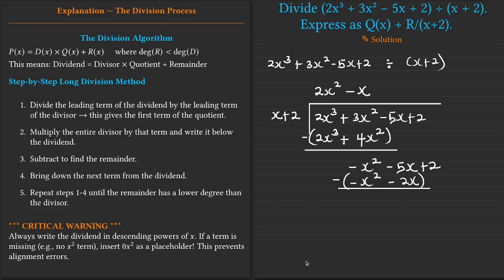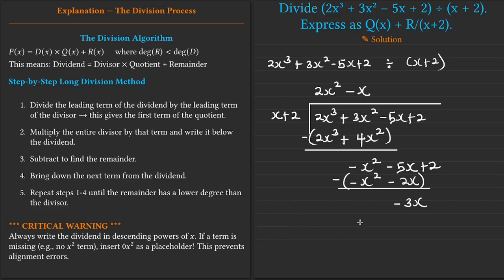So in our subtraction, we have negative 5x minus negative 2x. These two negatives will give us a positive, so we have negative 5x plus 2x. Evaluating this gives us a negative 3x.